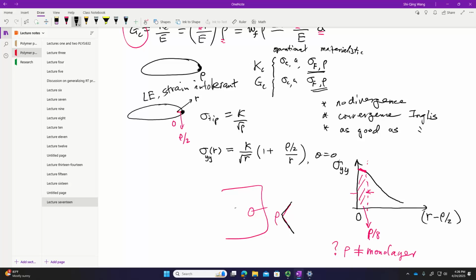In fact, through calculations, it's about as sharp as 1 nanometer. It's still not 0. So this whole framework of Inglis carries through.